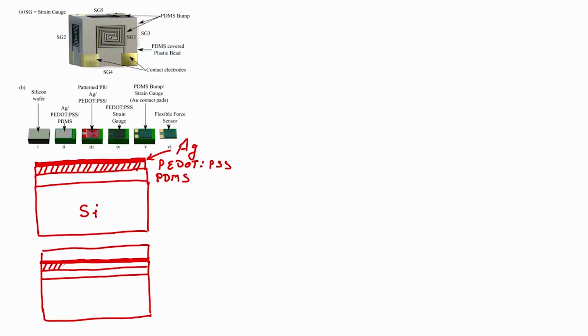as you can see here, what was that? Silicon, PDMS, silver on PEDOT:PSS. We have to pattern this, right. We have to pattern to form a strain gauge. So, what should we have? We will spin coat photoresist.